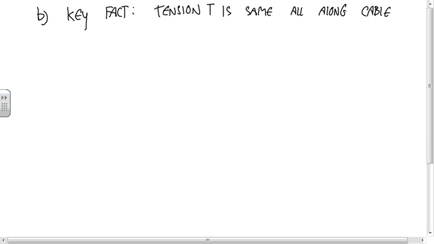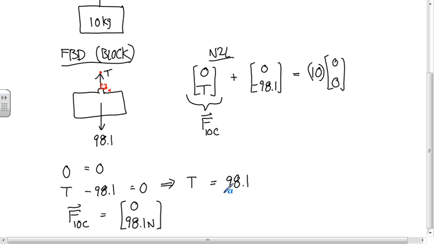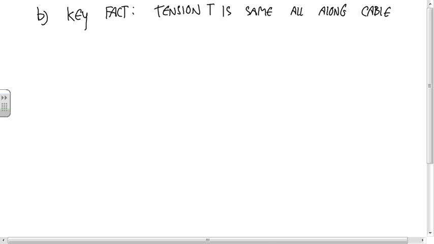So that cable tension that we calculated, 98.1, we can now use to figure out the force vector applied to the hook. Okay? So, a free body diagram of the hook.